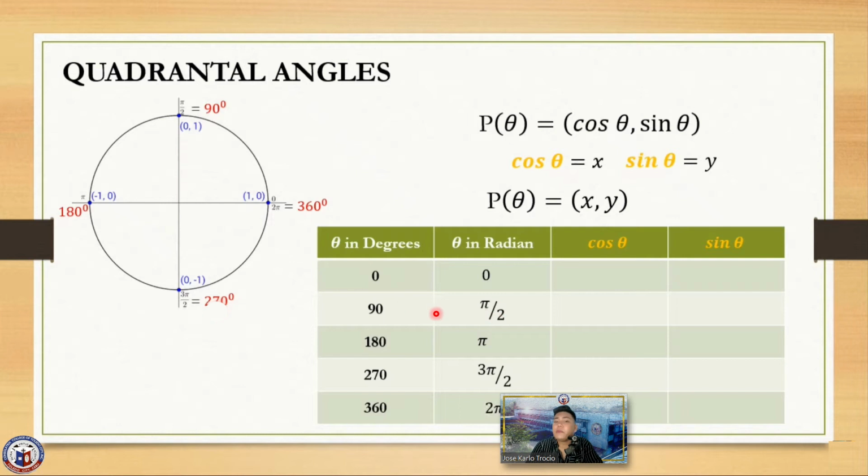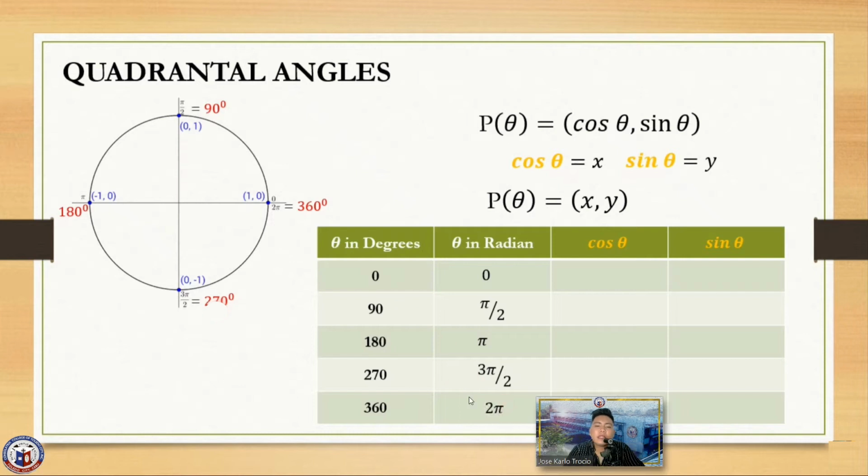If you remember, this is how to convert degrees to radians. 180 times pi over 180 is just pi. 270 times pi over 180 is 3 pi over 2. 360 times pi over 180 is 2 pi.